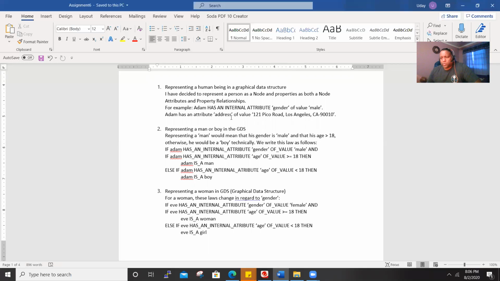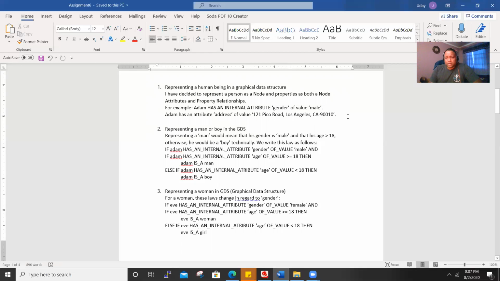Adam owns a house. In the Garden of Eden, Adam owned a house there, or Eve also had the same house. So Adam has an internal attribute, gender, with value male. So he has an attribute on that node called male. That's how you identify him as a man. And he has an address of Los Angeles, California.